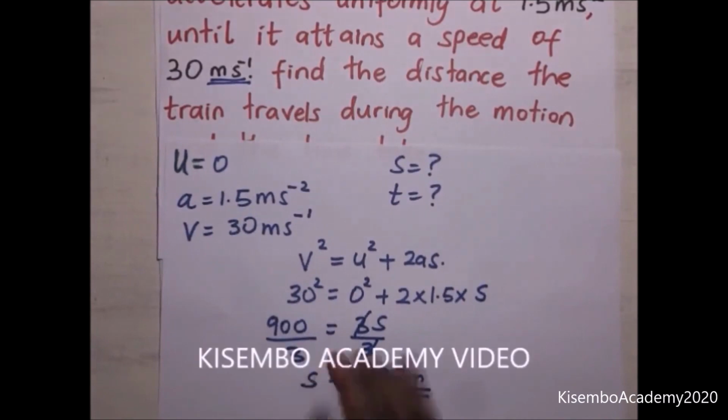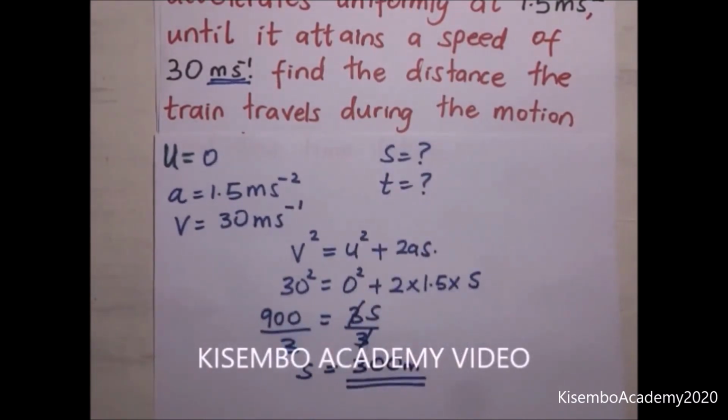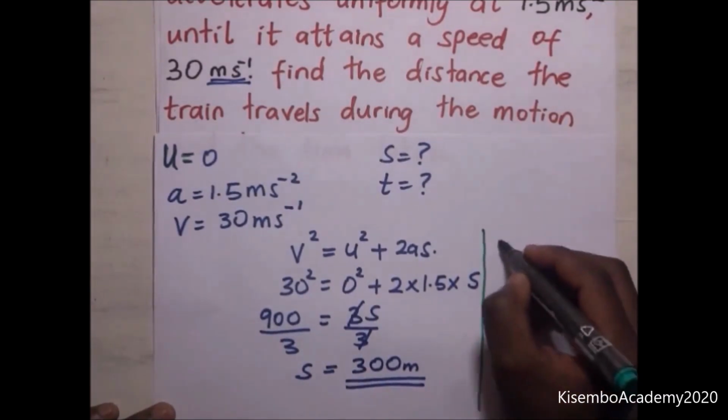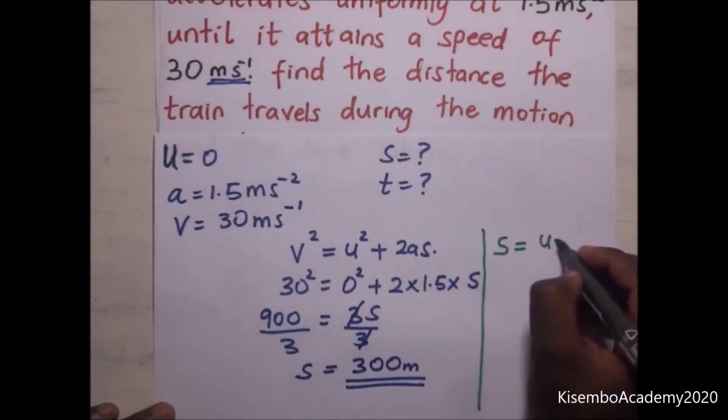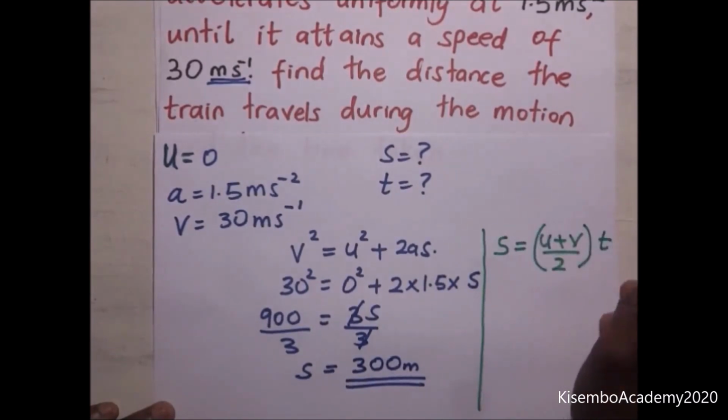So now to find the time taken, we are going to use one of the equations of motion, one that is appropriate. We shall say s is equal to (u plus v) over 2, multiplied by t.